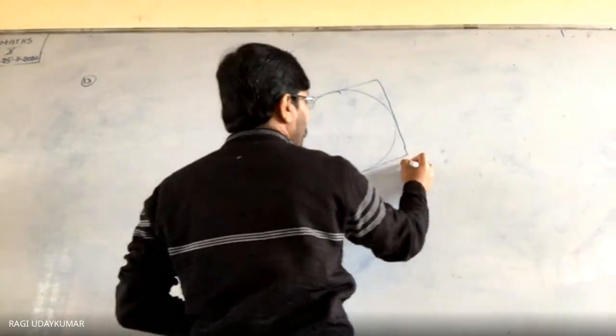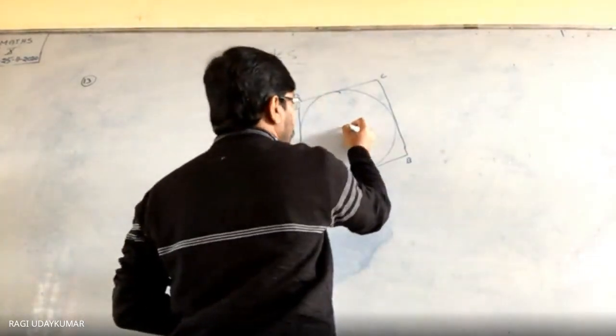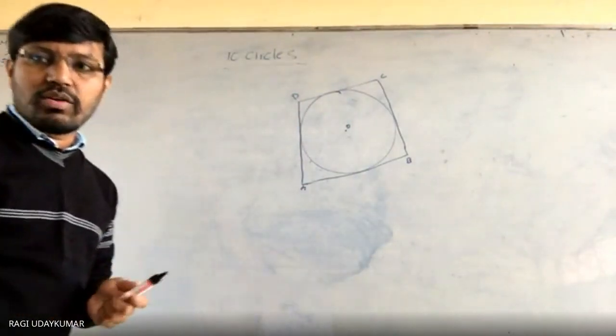Let us consider the quadrilateral as ABCD, and O is the center of the circle. ABCD is a quadrilateral. Is it audible and visible to you?